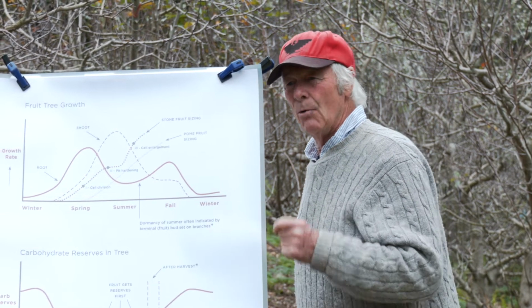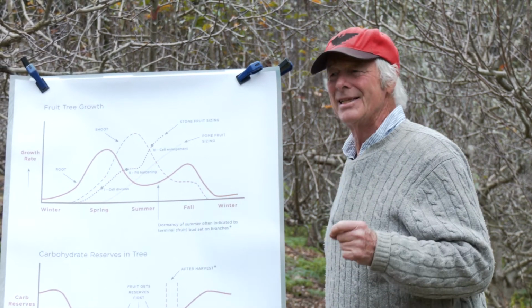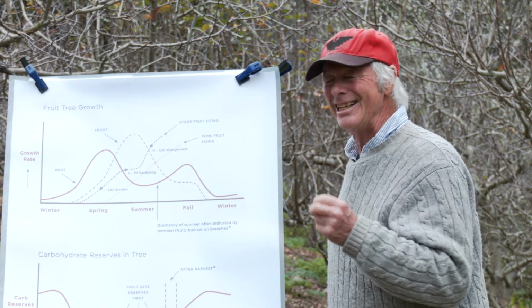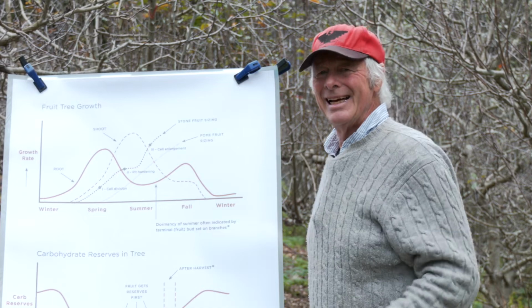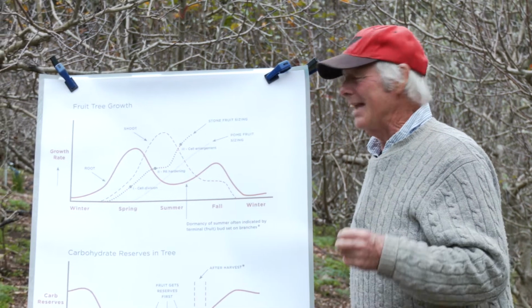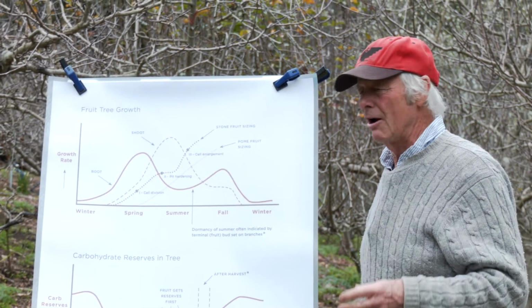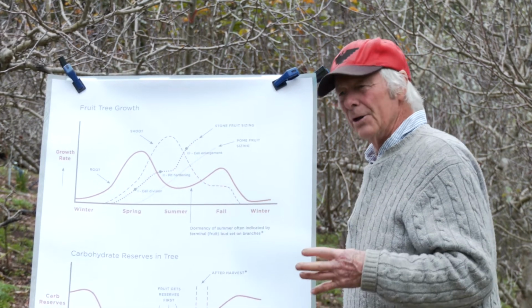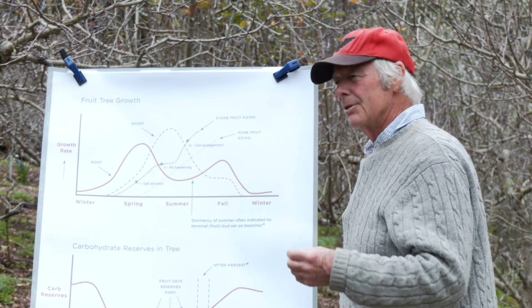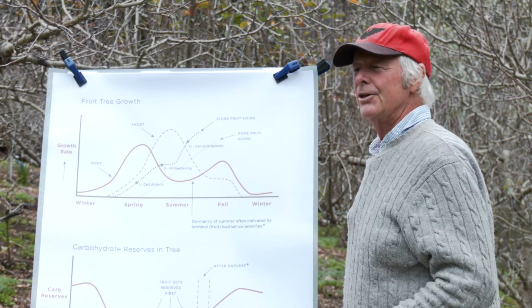And what's happening inside the branches in the winter is the finishing up of flowers that will emerge in the spring and get pollinated and set fruit. And that initiation of those flower buds happened the previous spring, early mid-spring. And it's slowly moving along internally.